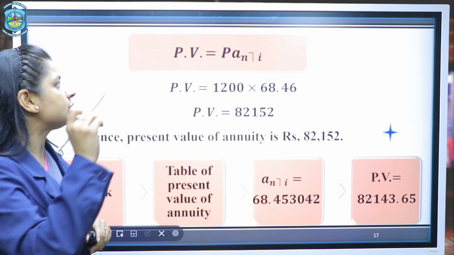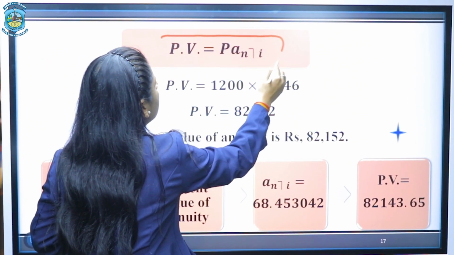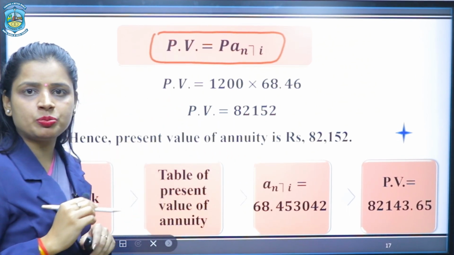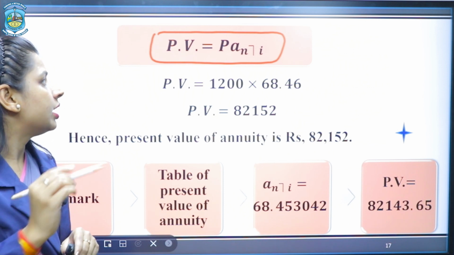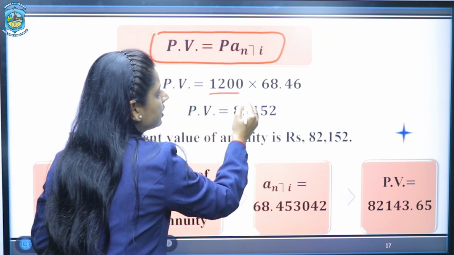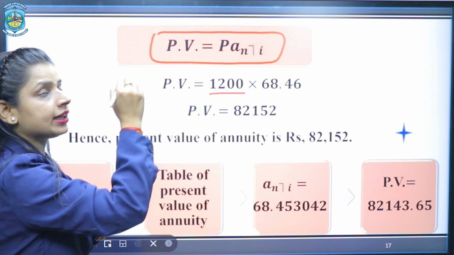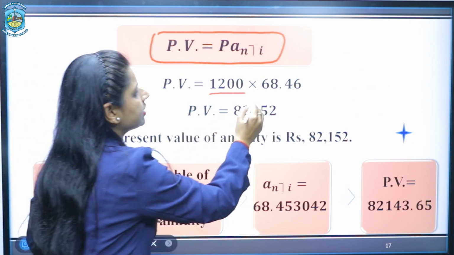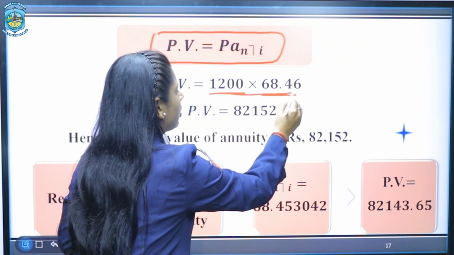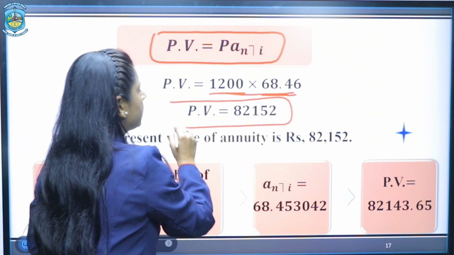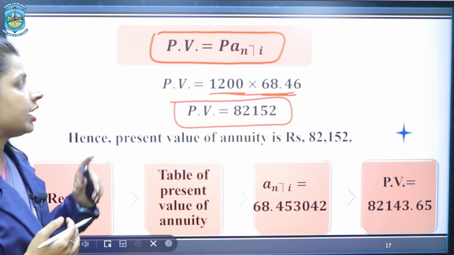Now we will substitute that value in this formula. PV is equal to P multiplied by A n angle at i. The value of P is 1200 and A n angle at i is 68.46. On multiplication of these two terms, we get the present value.